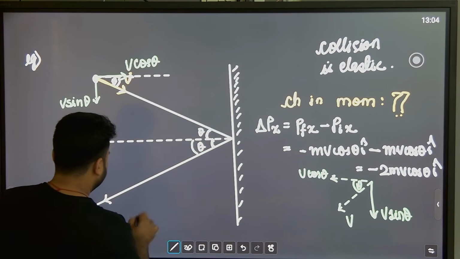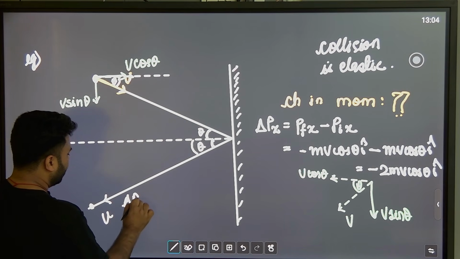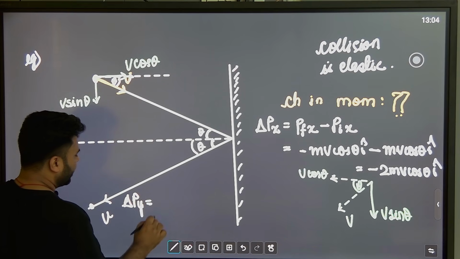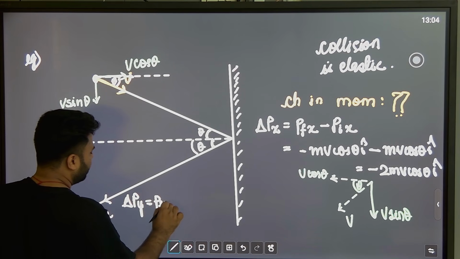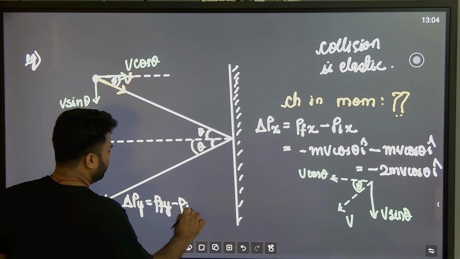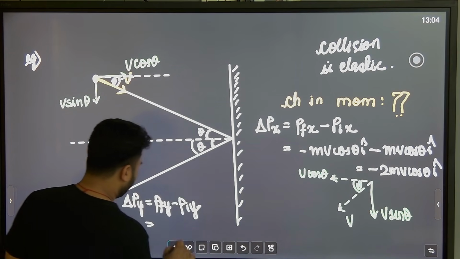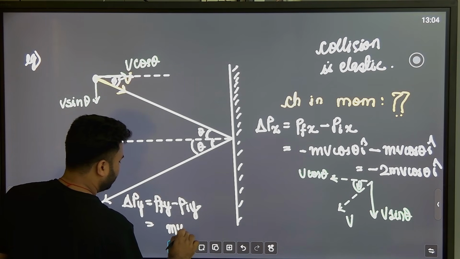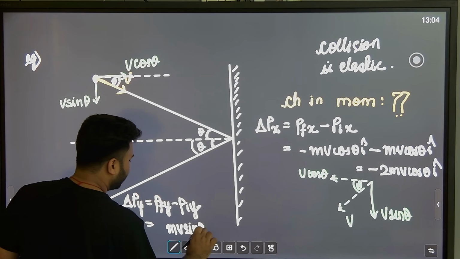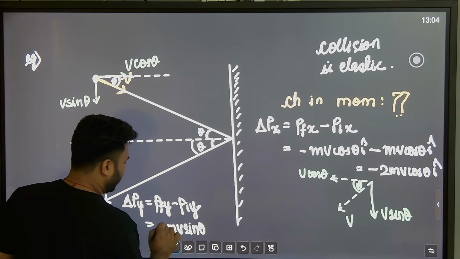Now if I write the change in momentum in y direction: final momentum in y direction minus initial momentum in y direction. The final momentum in y direction has mass m, velocity v sine theta, and direction is down, so we write minus j cap.